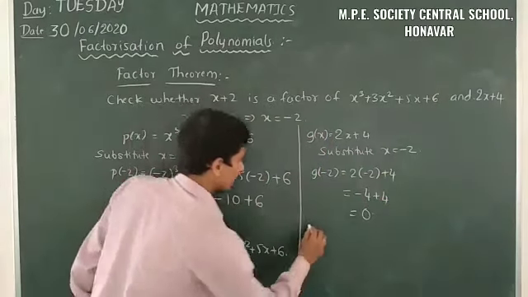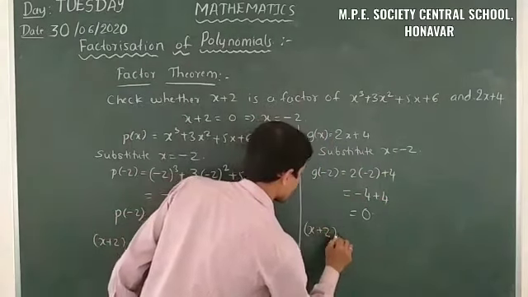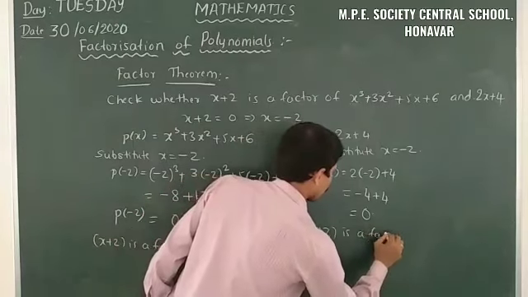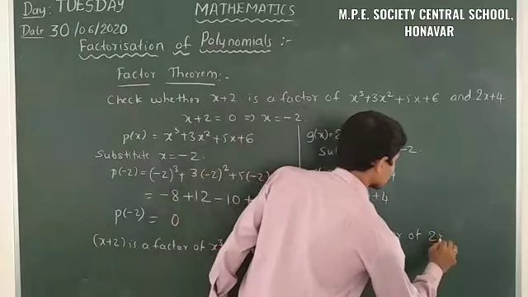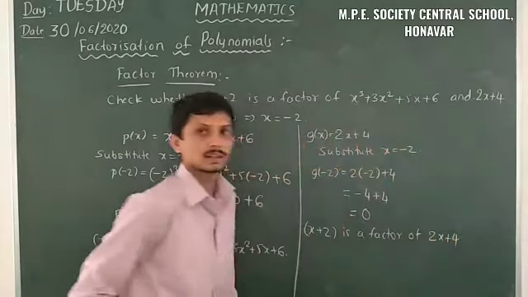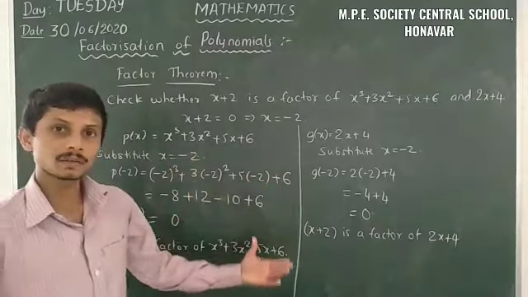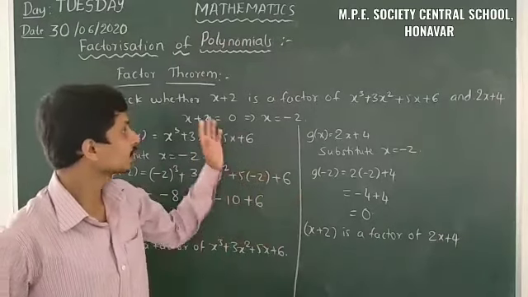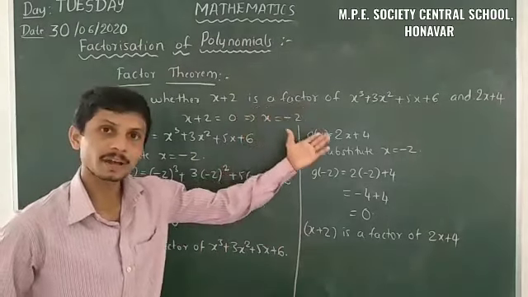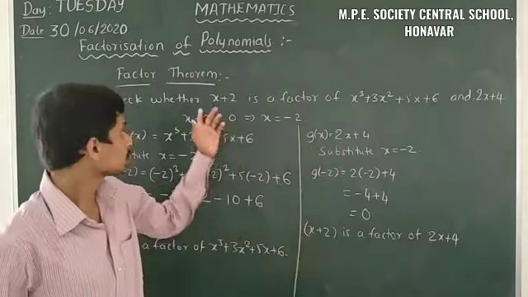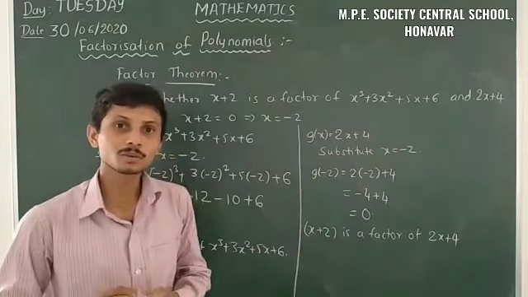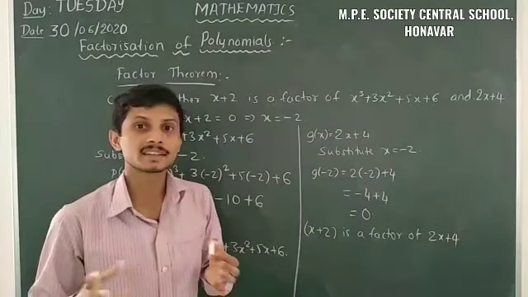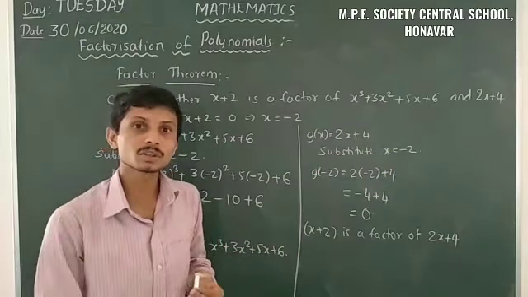That means x plus 2 is a factor of 2x plus 4 here. So from this method we have to check whether there is a factor or not. Whether x plus 2 is a factor of this polynomial or this polynomial, we have to check by using the factor theorem. So let us go to the next problem.